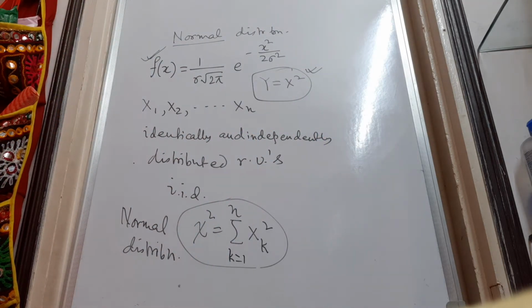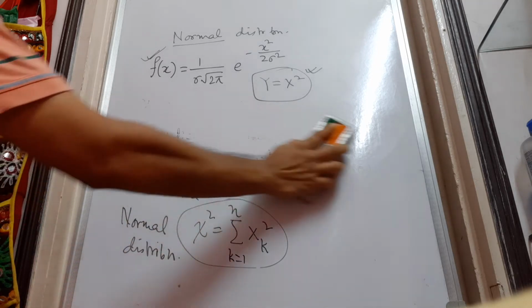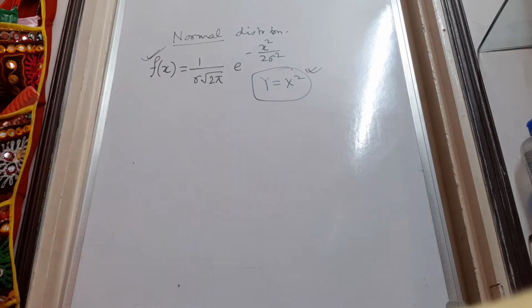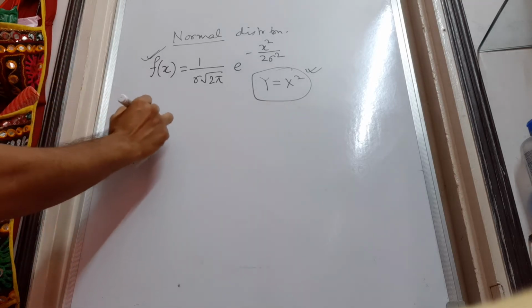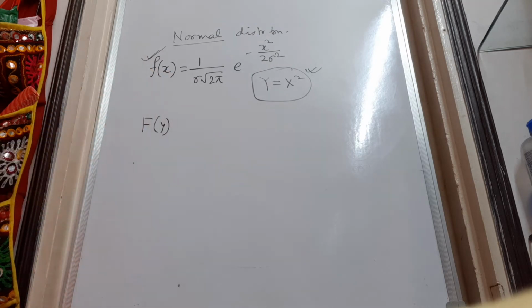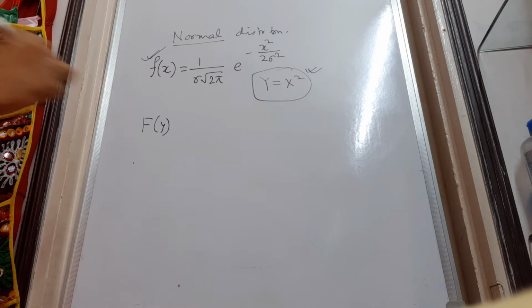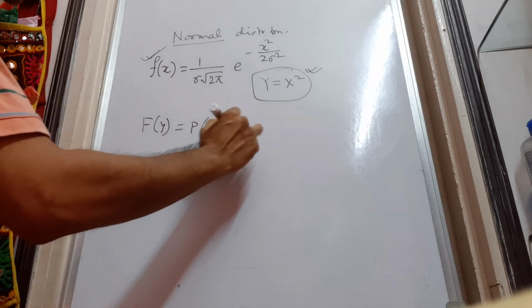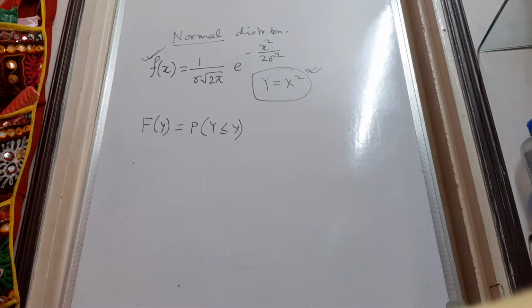So, we want to substitute y in place of x square. Now, just see what happens in terms of the distribution function of probability. Let us write F y, which is defined as P Y less than or equal to y.